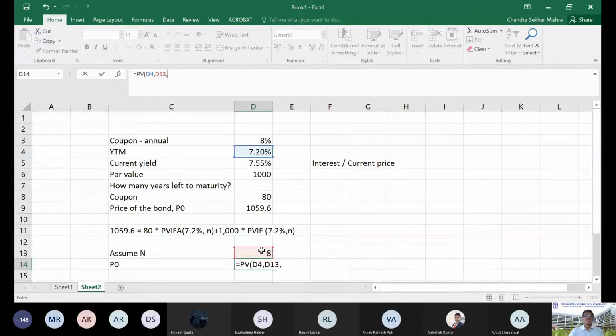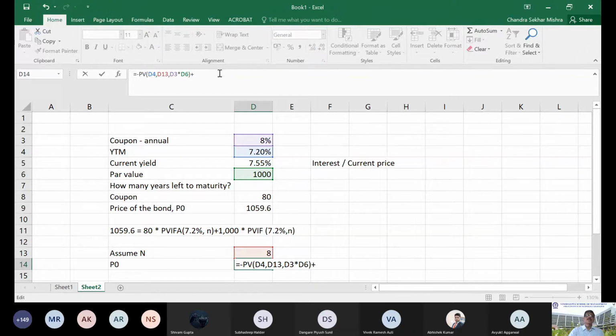So it will be 8% into 1000. That is my coupon. Keep a negative sign here because by default present value gives a negative answer.